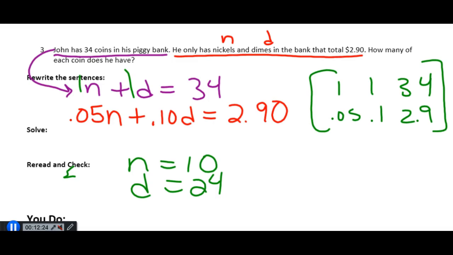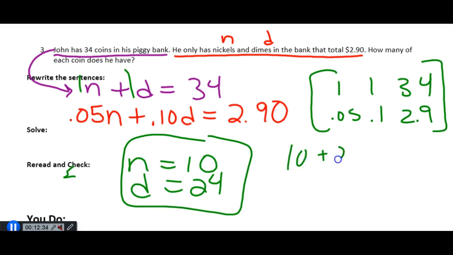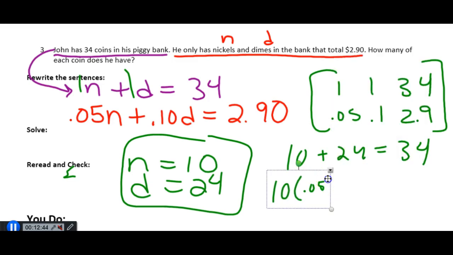Now, as far as this goes, I always like to check the money ones because they're fairly easy to check mentally. If I look at that, I have 34 coins because 10 plus 24 is 34. And then I think about the value. If I have 10 nickels and they're each worth 5 cents, that's 50 cents.